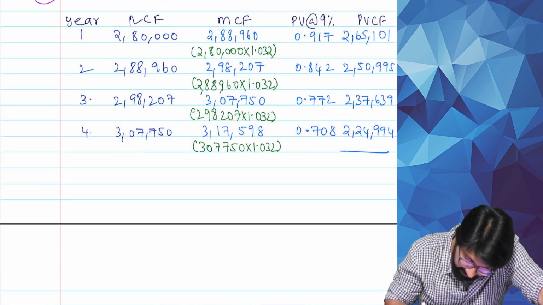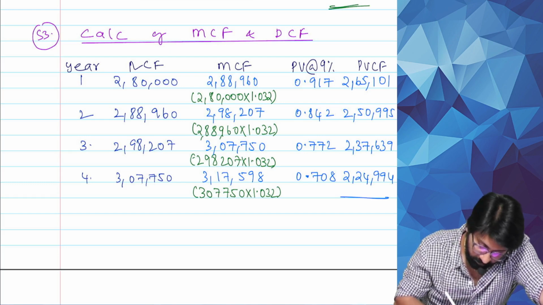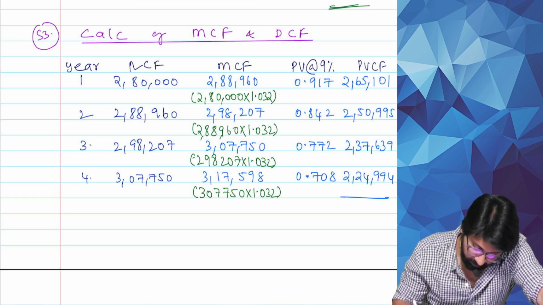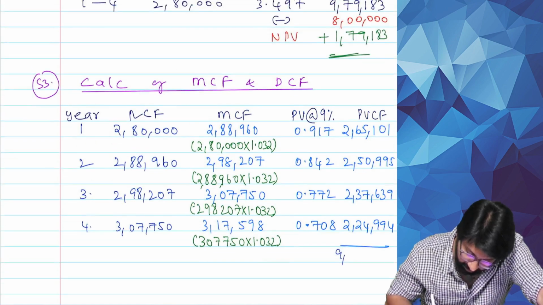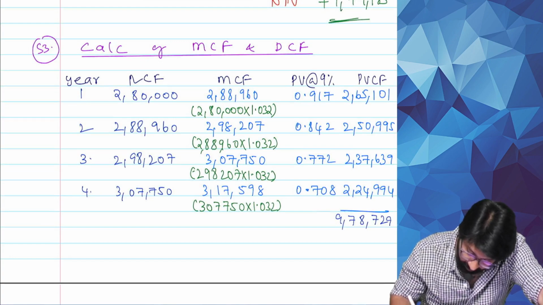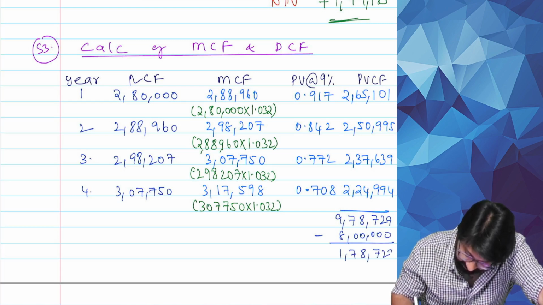Total all the PVCF now. Nine lakh 7 minus 8 lakh. How much? 1,78,729.